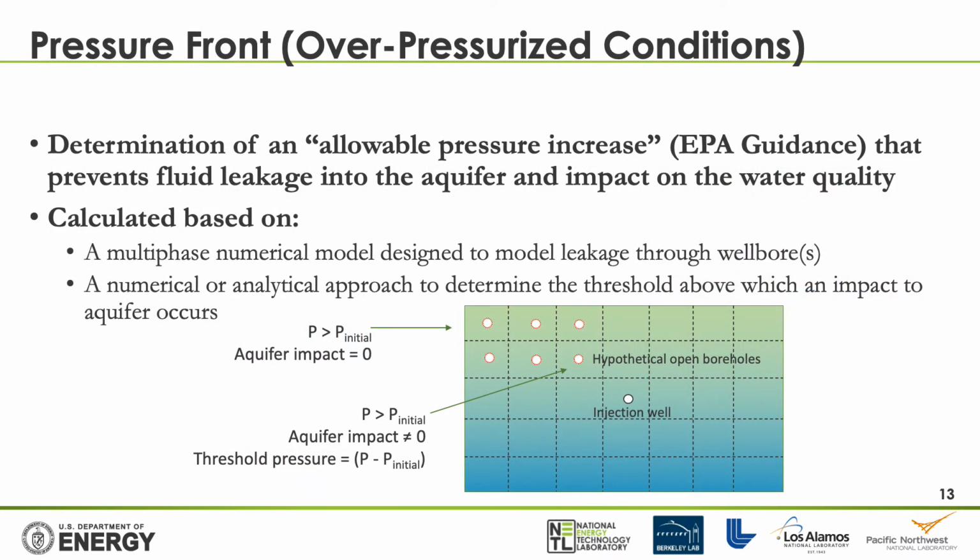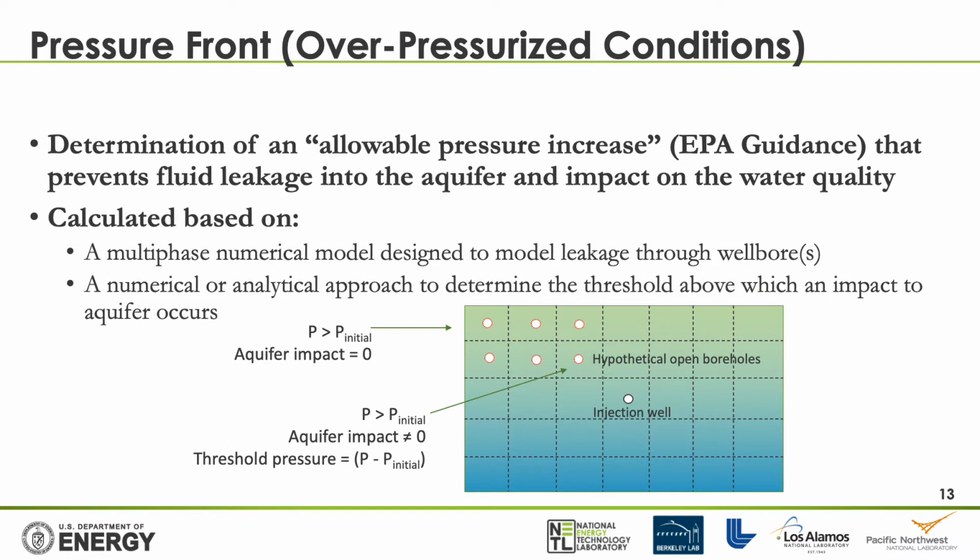But in conditions where the reservoir is overpressurized with respect to the USDW, the determination of an allowable pressure increase is more complicated. EPA guidance states that this allowable pressure increase should prevent fluid leakage into the aquifer and impact on groundwater quality.